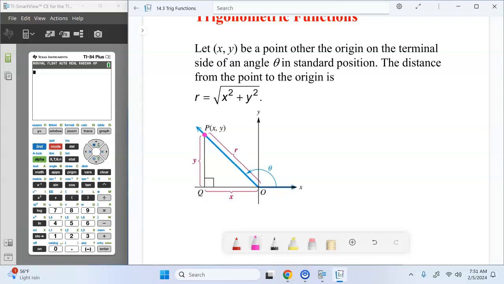So the distance from the origin to this point is given by our distance formula. Let's break this down a little bit.